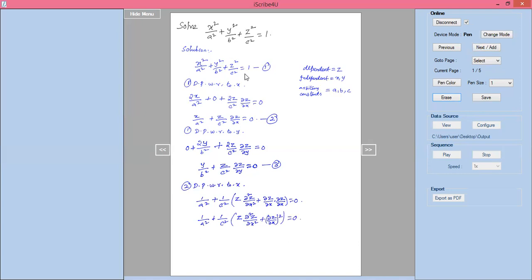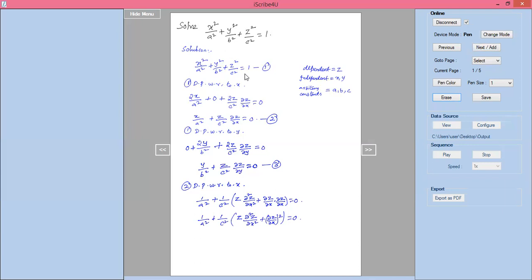This is one thing. Here dou z by dou x I can keep as it is. Here 1 by a square is there, and 1 by c square is there.